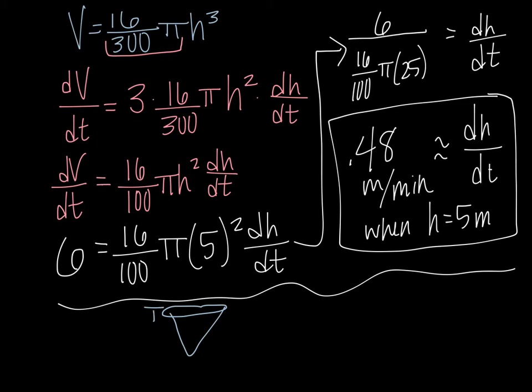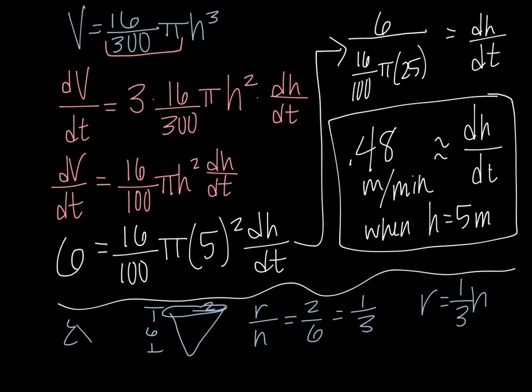If the height is 6 and the radius is 2, then you can set up a proportion, radius over height equals 2 over 6, and that's a third. You'll have to solve for the radius, so the radius would basically be 1/3 h, and you'll have to plug it in. This is not the same problem; it's just another example of how you would have to start off. So watch out for those cone problems.